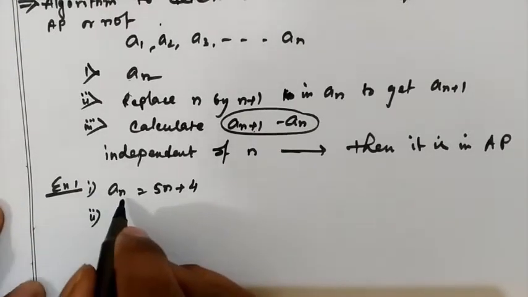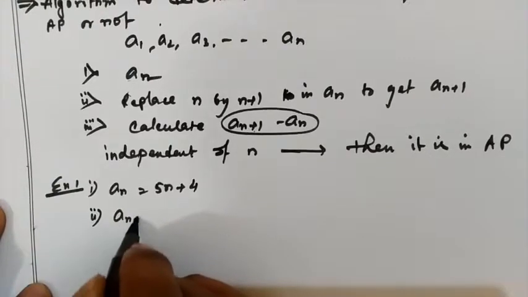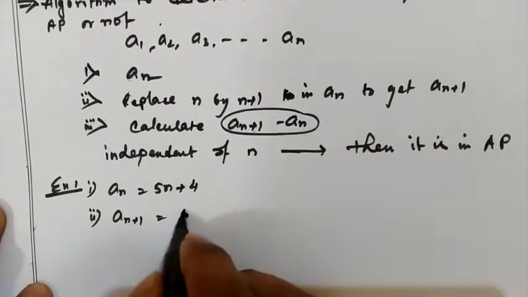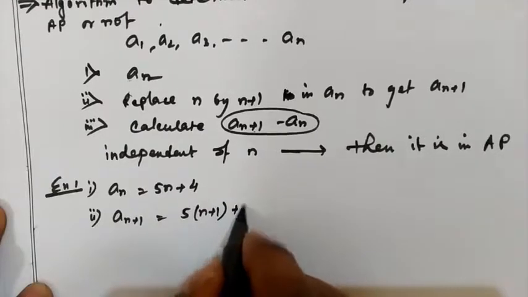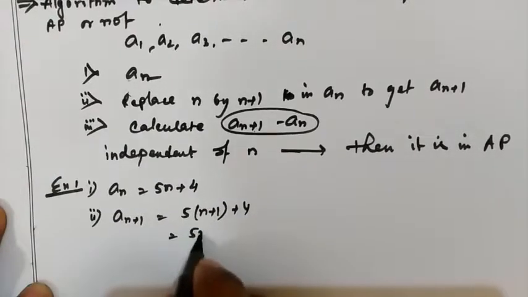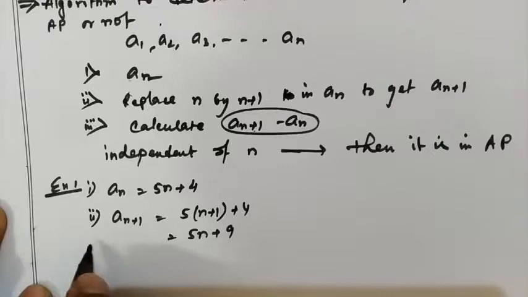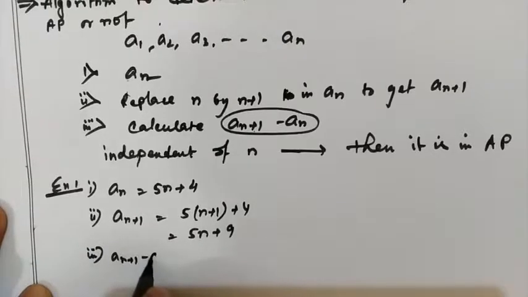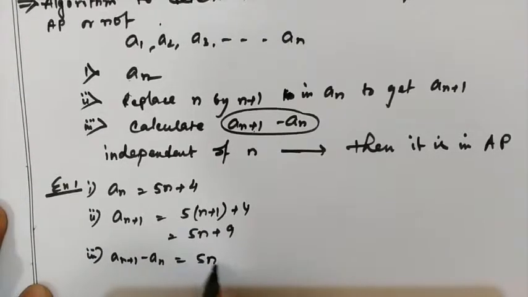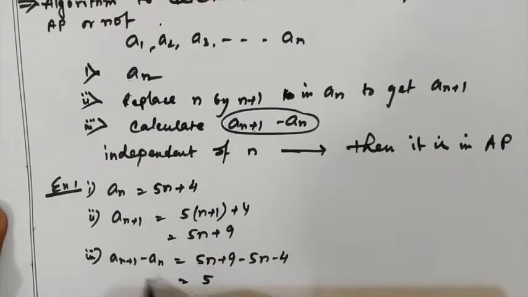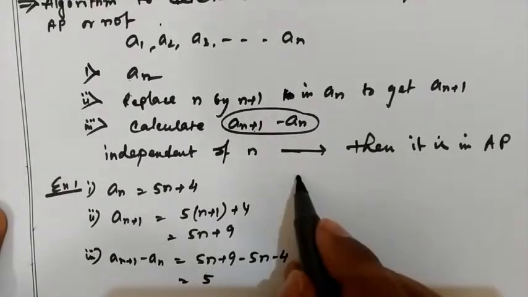Second step, replace n by n plus 1, that is a n plus 1, that is 5 into n plus 1 plus 4, 5n plus 9. Now calculate a n plus 1 minus a n. Third step, that is 5n plus 9 minus 5n minus 4, that is 5. So this is independent of n, so this is in AP.